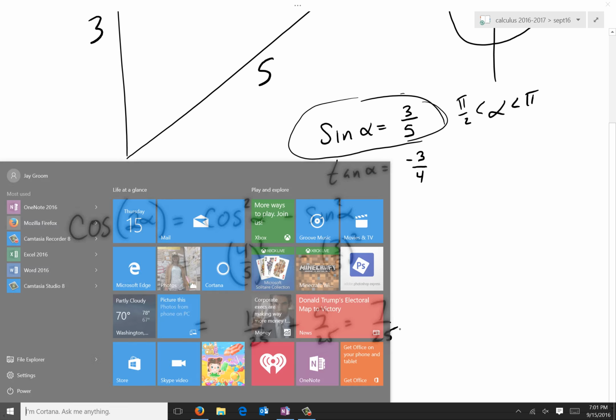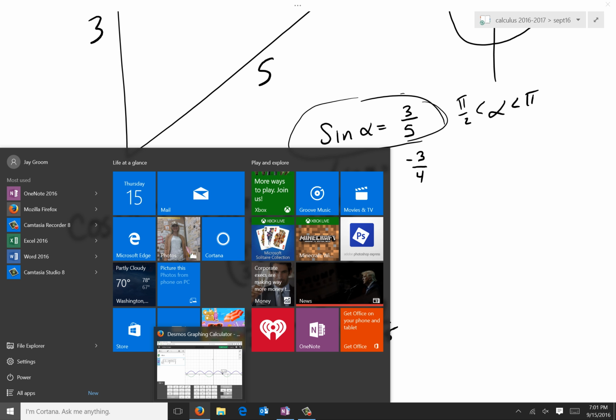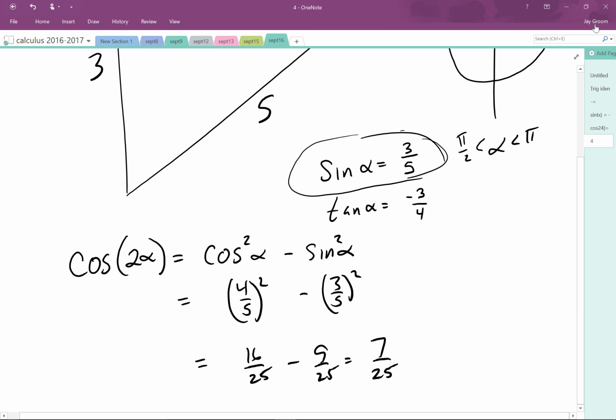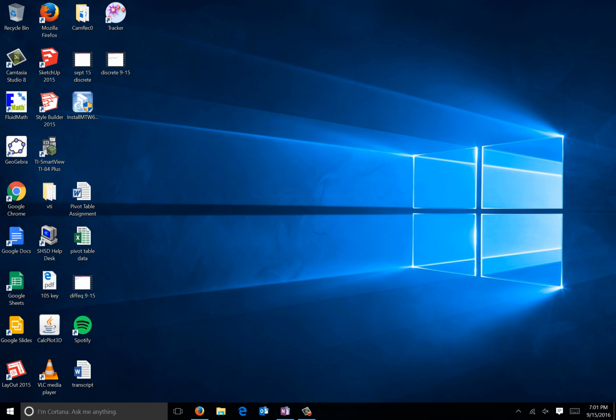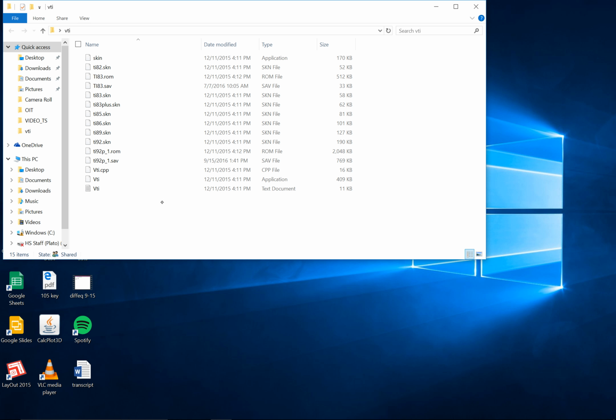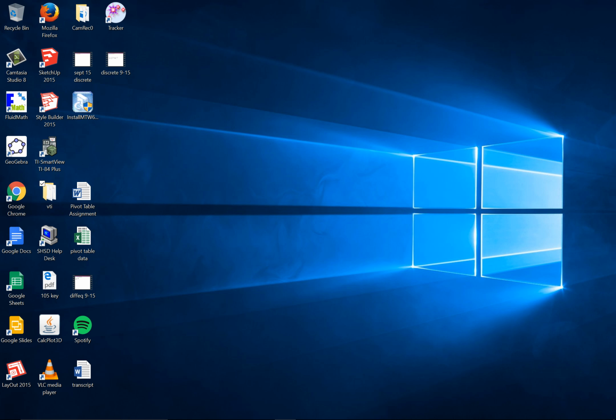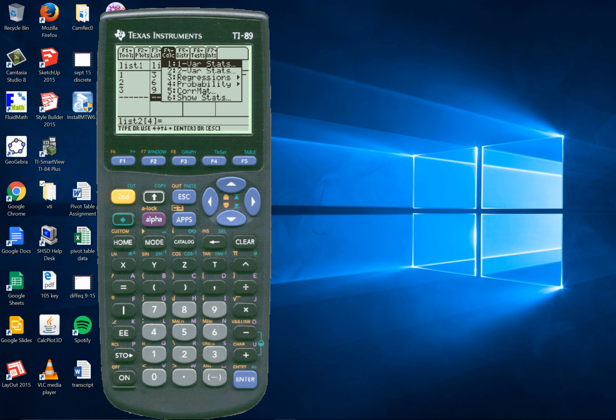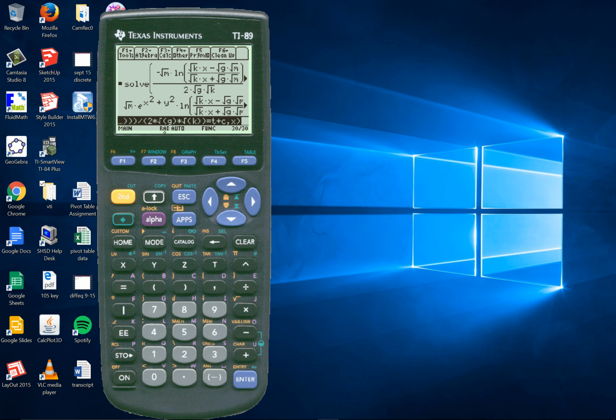Now, I know what you're thinking. Mr. Groom, can you get out a calculator and prove to us that that's true, using some real angles? By the way, you'll notice that I am in radian mode.